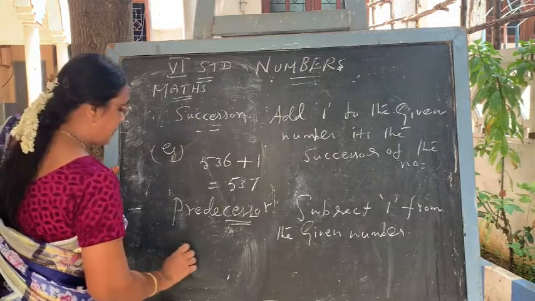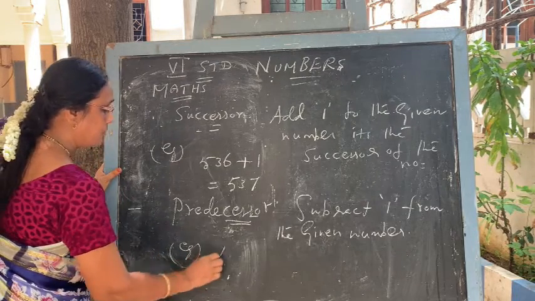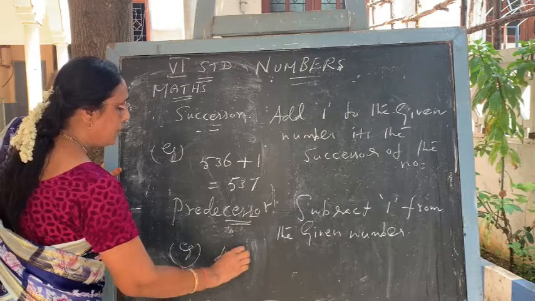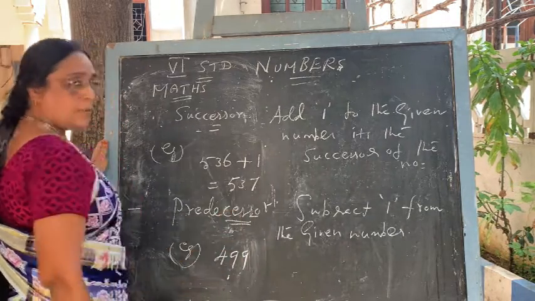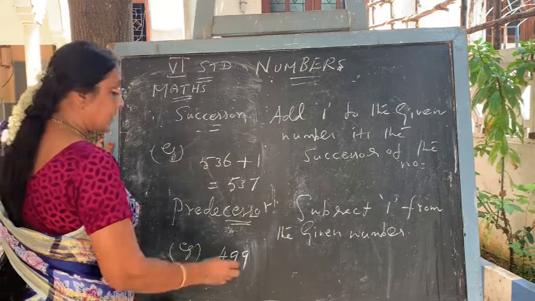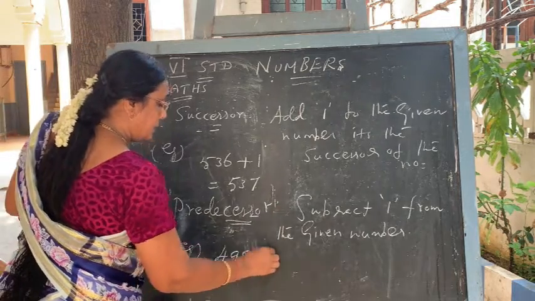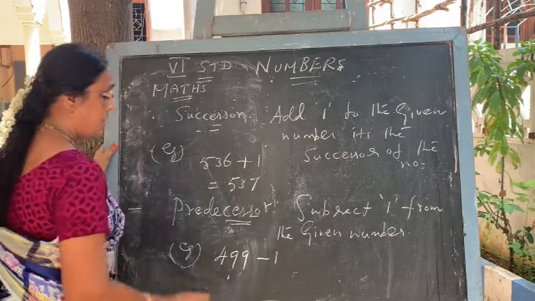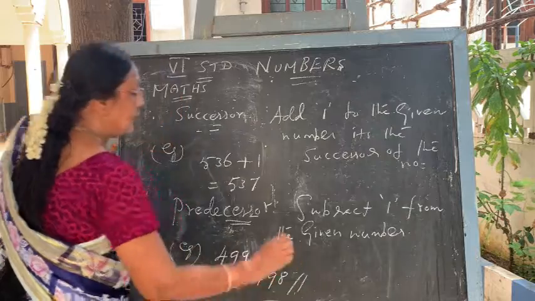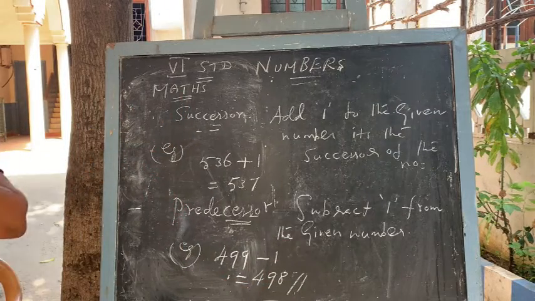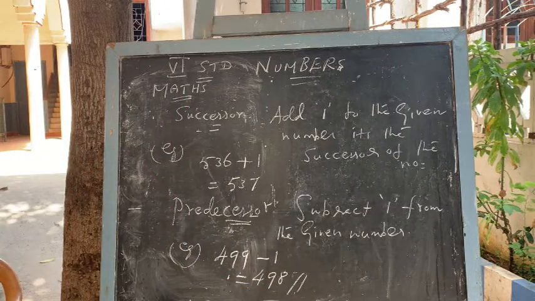For example, if we take 499, what is the predecessor of the given number? 499 means you have to subtract 1 from 499, and you will get 498. This is the predecessor of the given number.